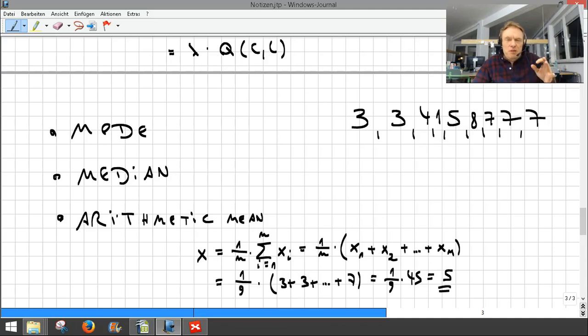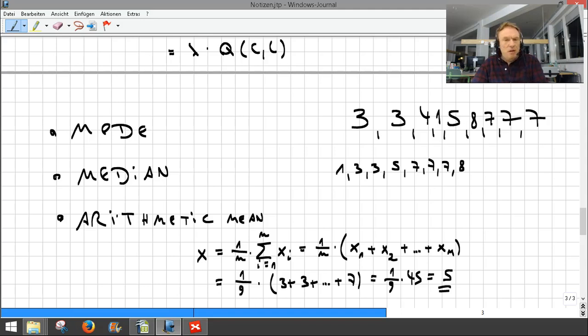We first need to put those numbers into order, starting from the smallest number and going up to the largest one, or the other way around, starting with the largest and going down to the smallest, which would be, in this case, 1, 3, 3, 5, 7, 7, 7, and then the number 8.